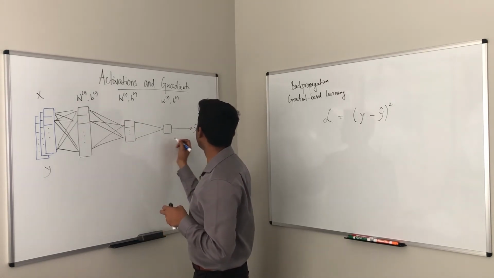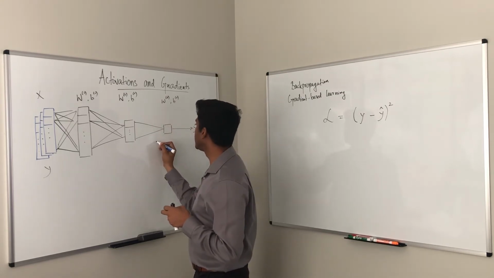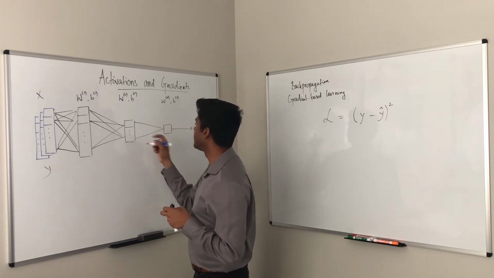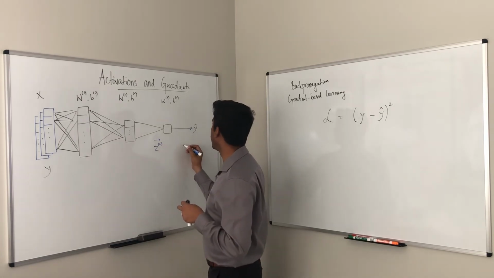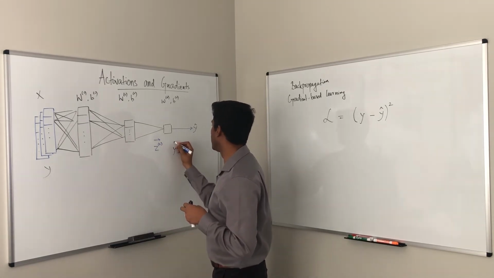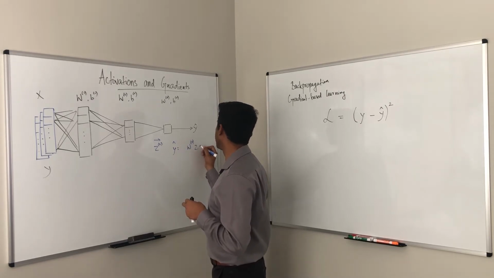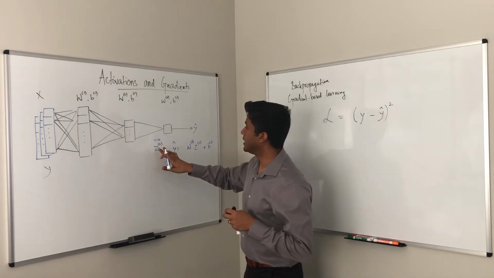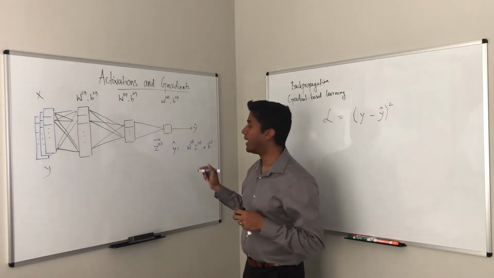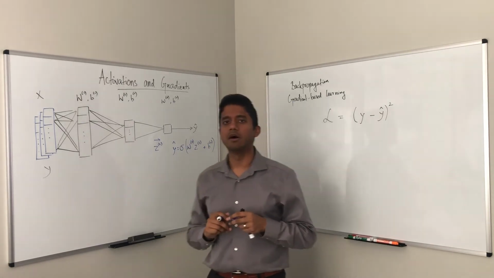Y hat is derived at this layer, and the input to this layer is the output of the previous layer, which is represented as Z2. Therefore, Y hat is equal to the dot product between its input and the weight, plus the bias, and an activation sigma around it.